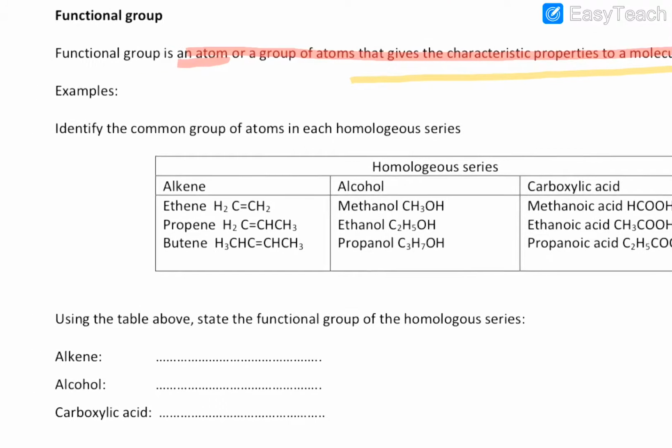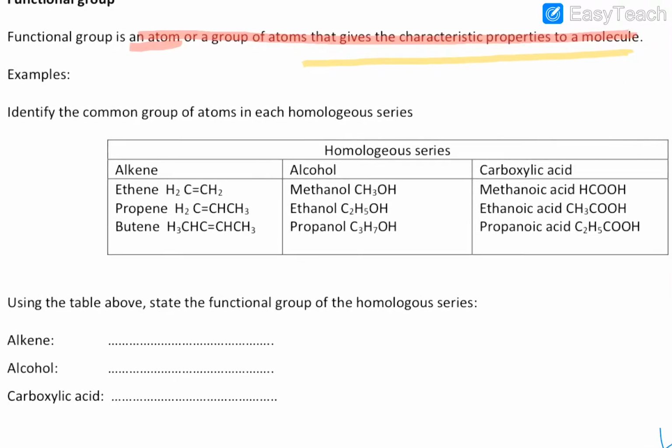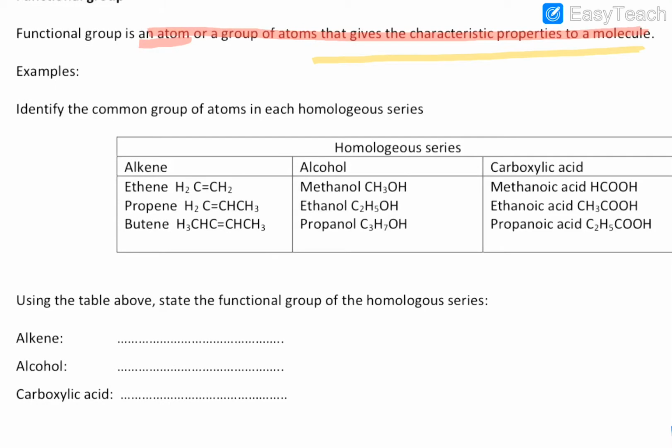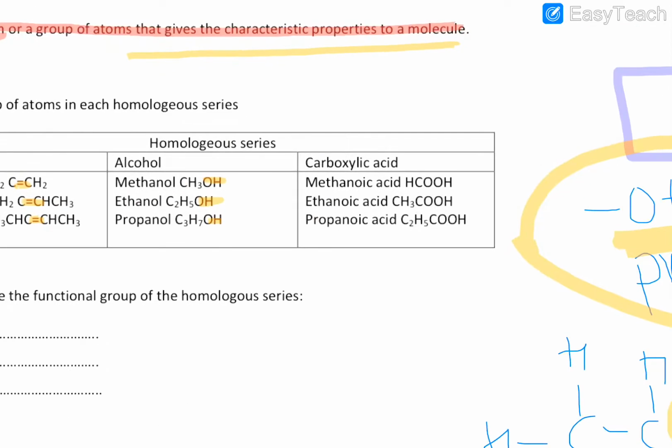So you have that example here. Let's see if you can identify the functional groups. All these are alkenes. So you see alkenes, there's the double bond. Alcohols, there's that OH. Carboxylic acid, you see, COOH is always present.